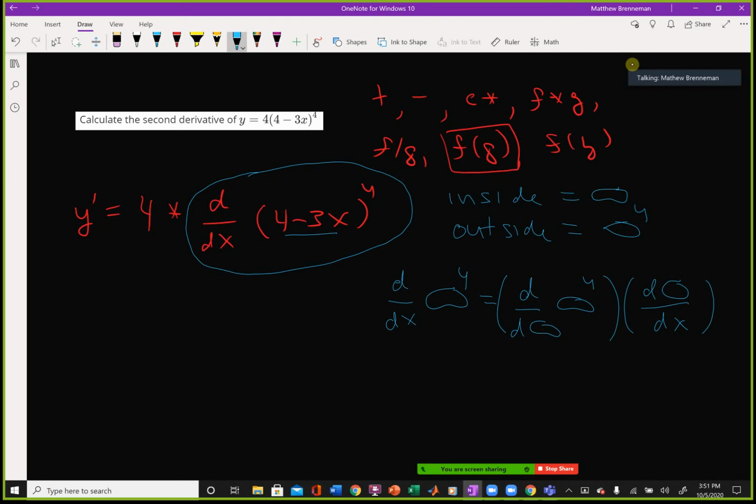Whenever you're taking the derivative of a power function and the variable you're taking the derivative with respect to is the independent variable, you can use your power rule. So this will be 4 blob to the cubed. And the blob here is 4 minus 3x.